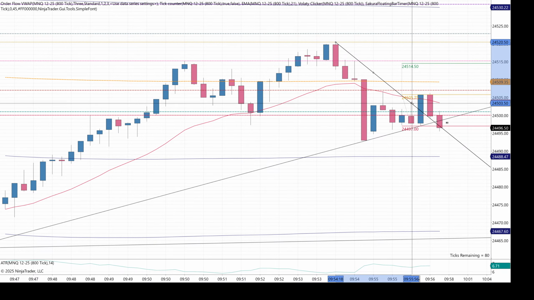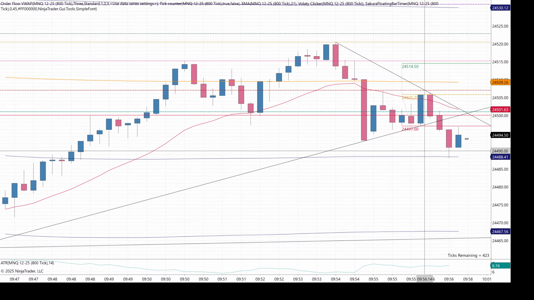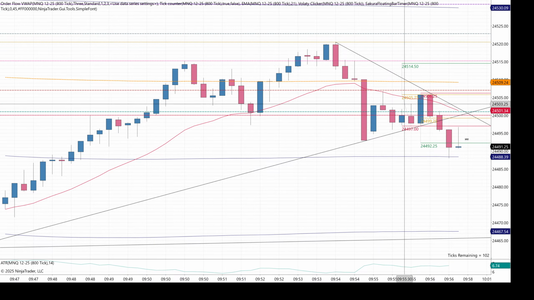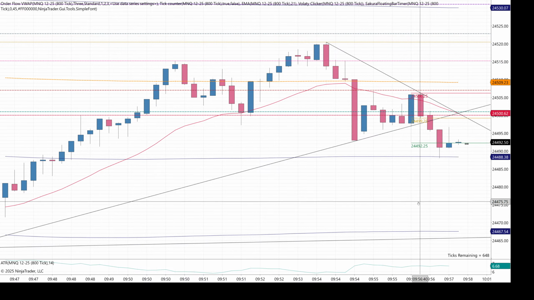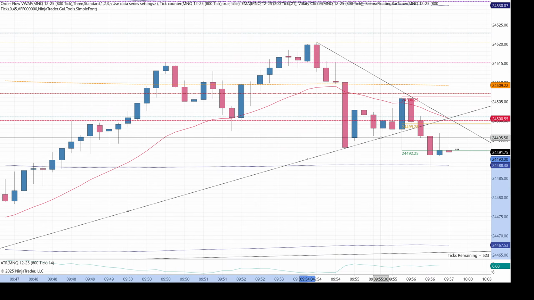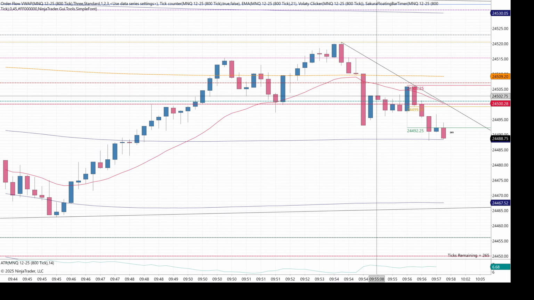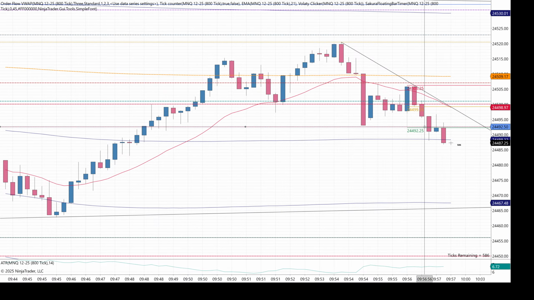So we now have, we had this trigger lower as well, and I believe it just hit target. So we're gonna delete this line for now. We're gonna keep track of the runner. Runner's down here.